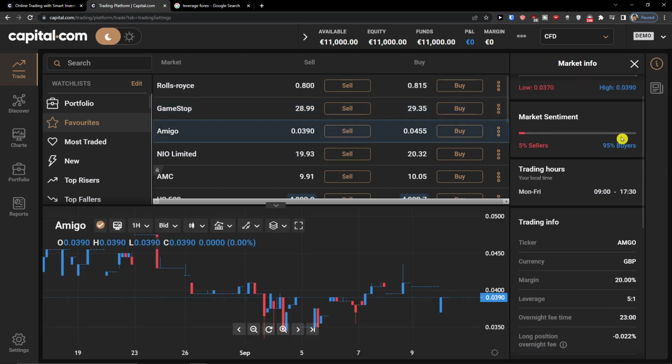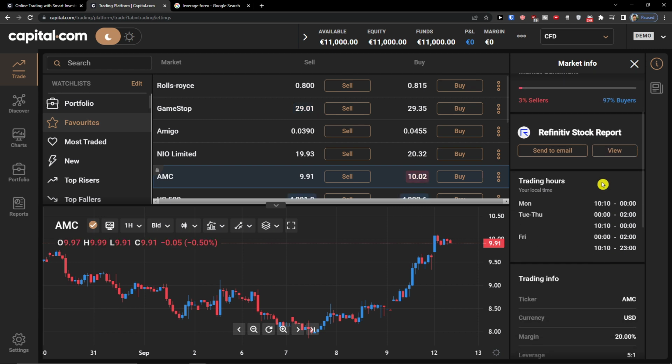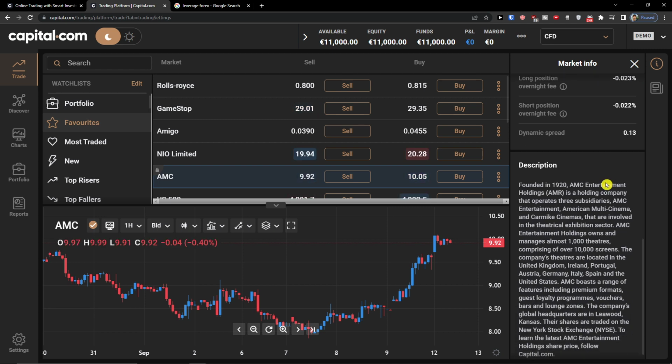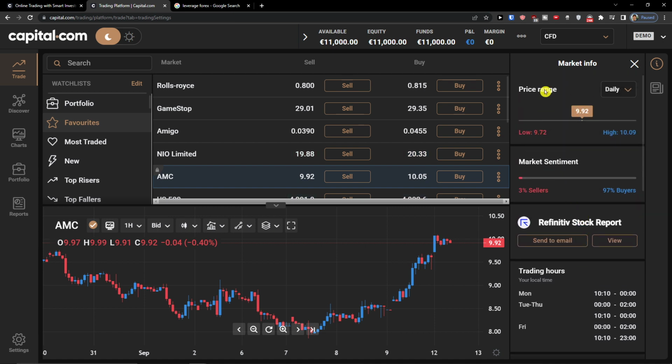So for every single instrument, let's say AMC, for example, you're always going to find a description here, the leverage, the sentiment, and the price range. You can see the price range on a monthly and yearly basis.